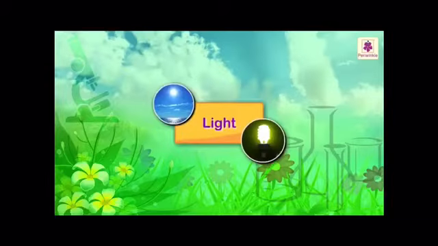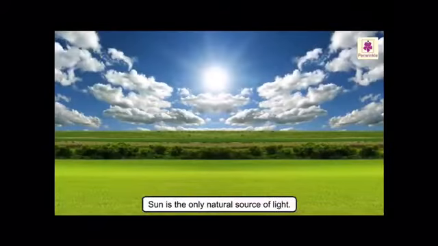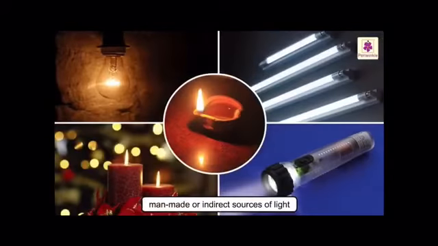Light. We need light to see things. Sun is the only natural source of light. We get heat and light from it. All others are man-made or indirect sources of light.